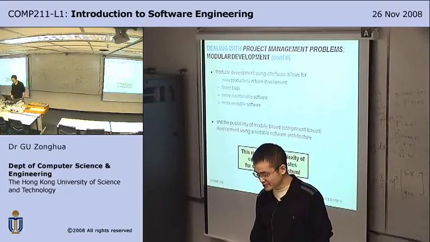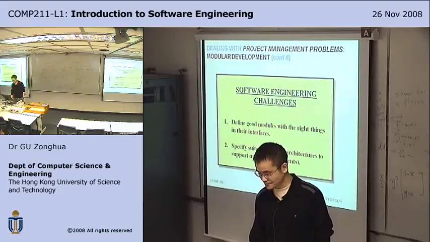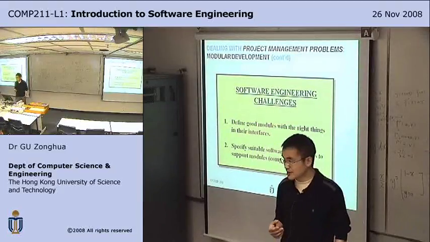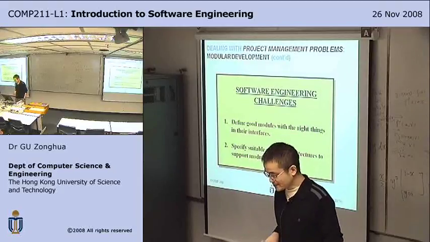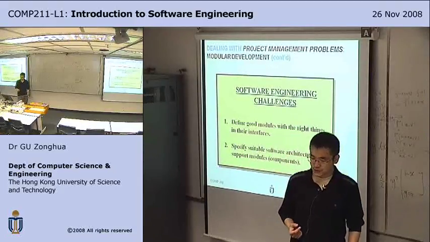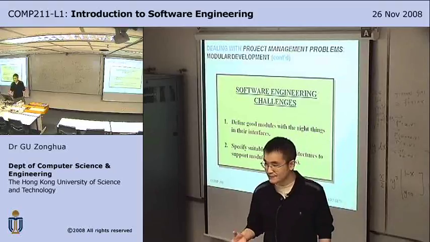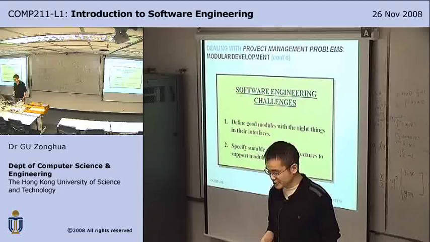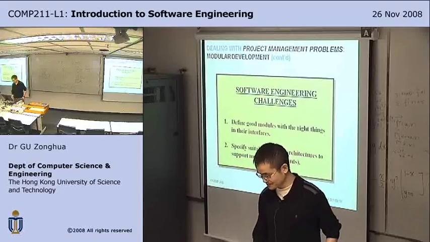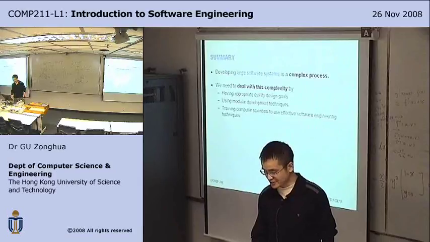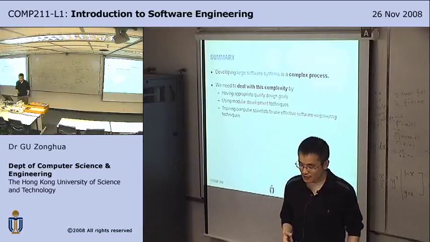for larger systems. So the software engineering challenges are to design good modules with the right interfaces and specific architectures to support modules. Architecture is a high-level skeleton where modules are the muscles. You plug the modules into the architecture. So the first chapter essentially says, have the appropriate design goals.